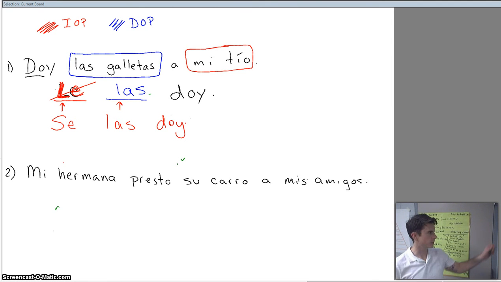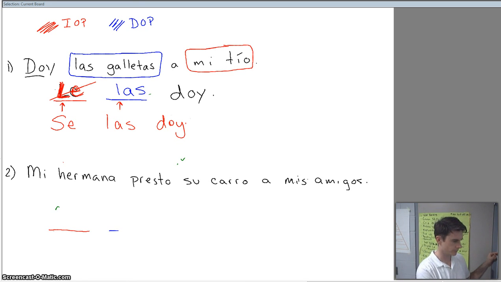We'll take a look at another example and I won't mess this one up as much. Alright? Okay, so we've got our place for our IOP and a place for our DOP. Let's locate the IOP. Who is going to receive something in the second statement? Well, let's take a look.